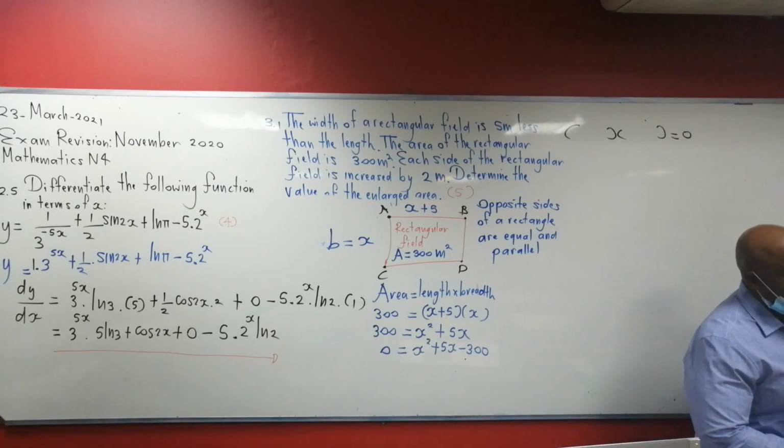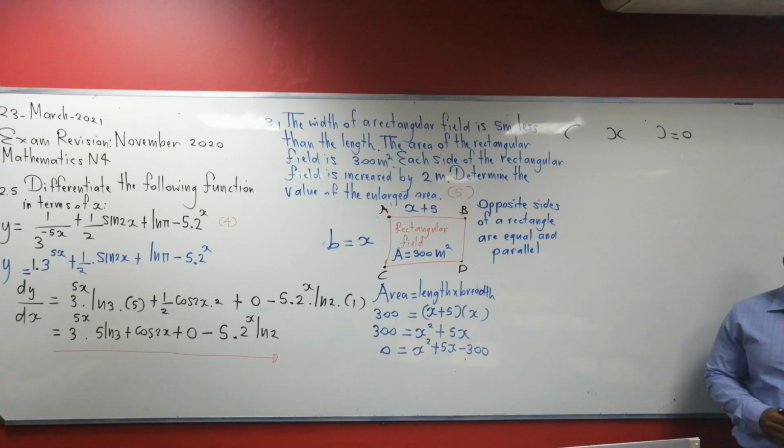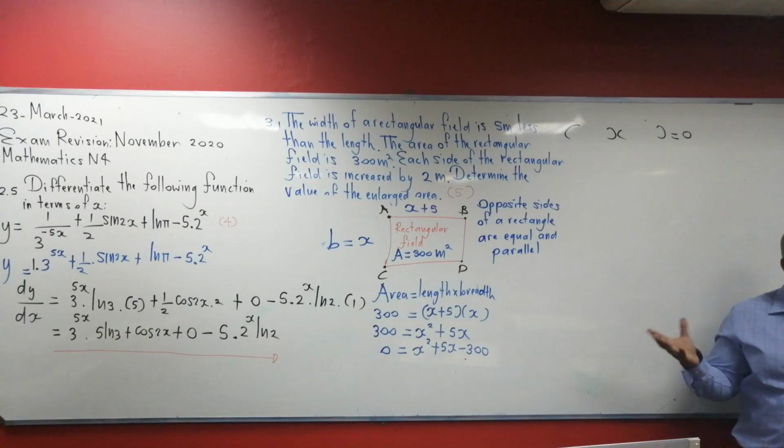So we got 30 times 10 is 300, and then 15 and 20. Which one will work here? Is it going to be 30 times 10 or 20 times 15?